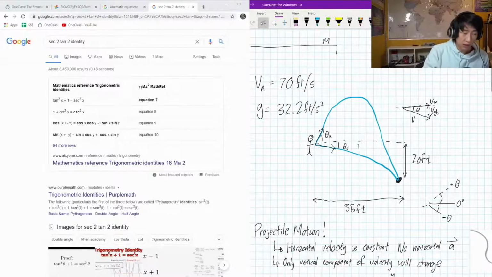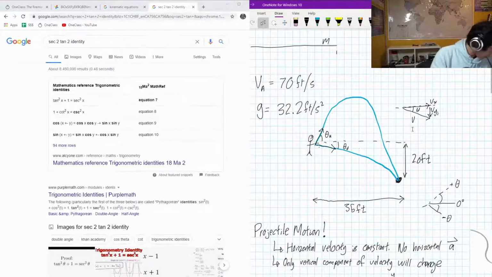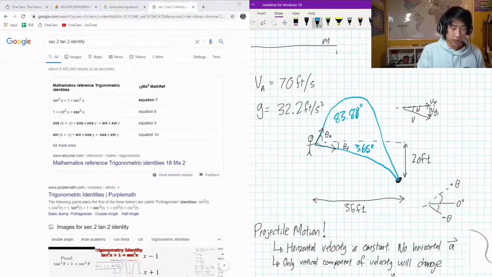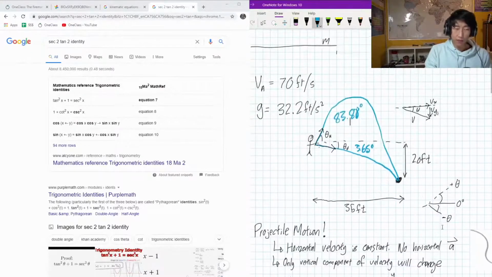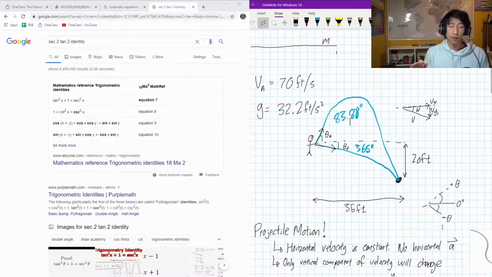So I would say that it is more reasonable to say that the lower angle is going to be 3.65 degrees, and the upper angle is going to be 83.88 degrees. The signs were a little bit twisted, but sometimes the signs are not going to agree, but the magnitudes are what you should really focus on, because that's what's important here.